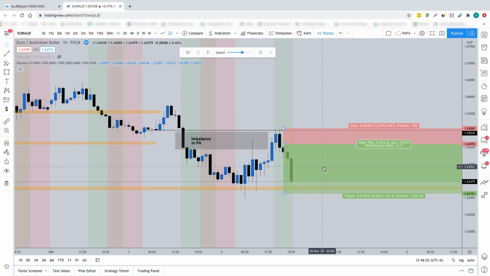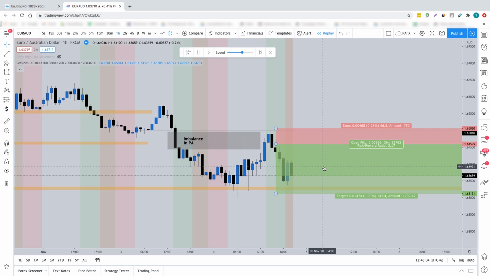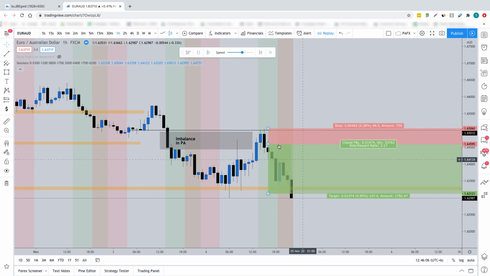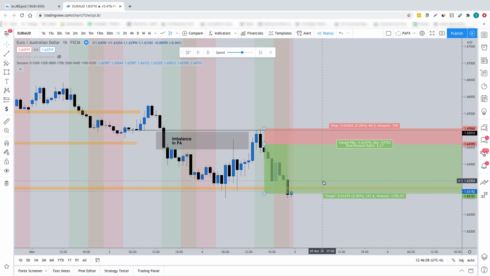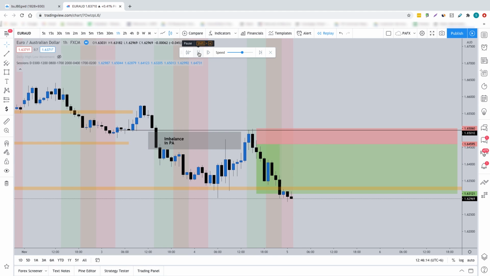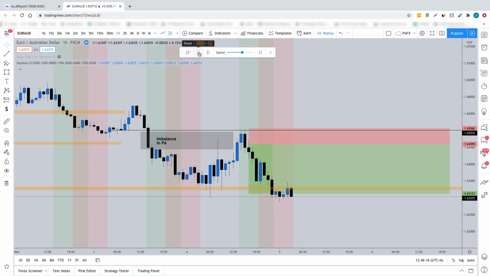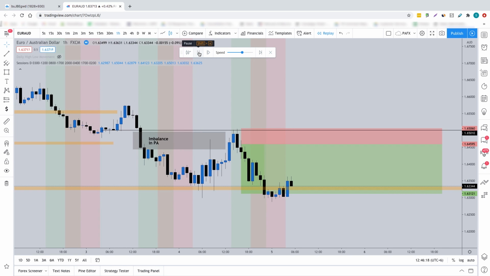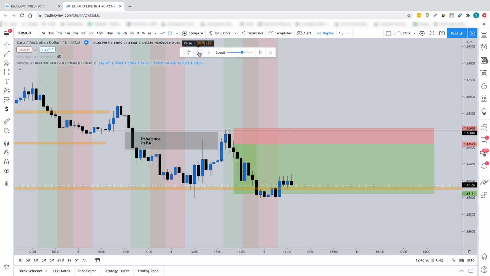And let's see what happened next. So we continued to go on for 147 plus pips, and then it moved the other way. However, we grabbed the majority of this move, and all of our VIP members profited from this signal.